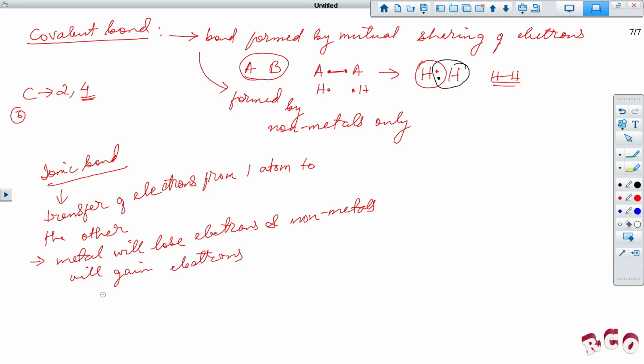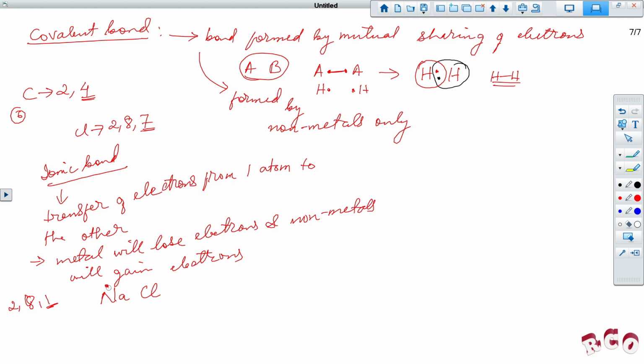Suppose now sodium. The atomic number of sodium is 11, so 2, 8, 1. It has only one electron in the outermost orbit. And then another one, let us write chlorine. What is the atomic number of chlorine? It is 17, so 2, 8, 7. In order to become 8, it will need one more electron, so it will gain an electron.